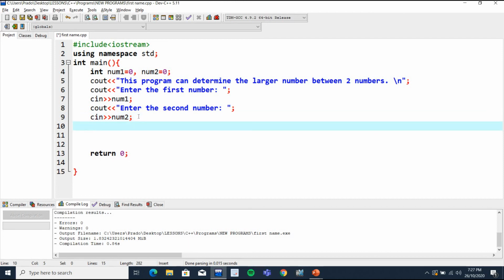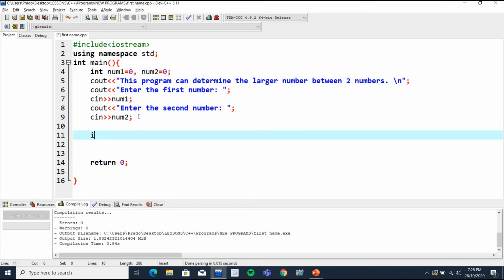Saka natin ilagay po yung mismong condition, which is if parenthesis, if num1 is greater than num2, anong gagawin niya?